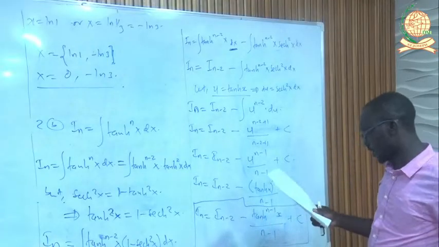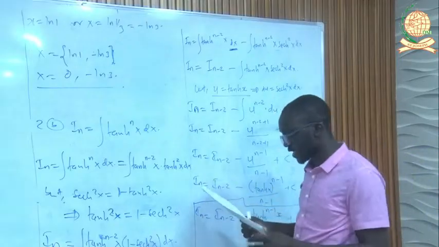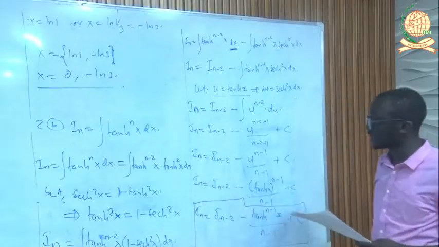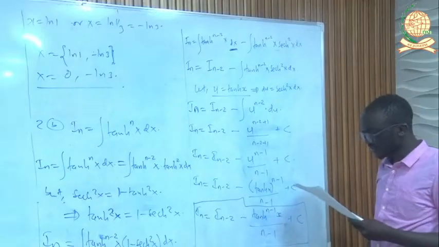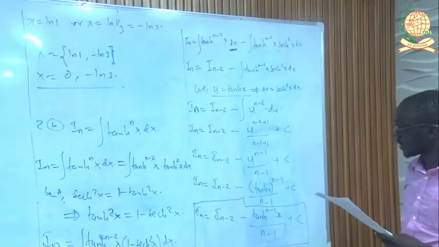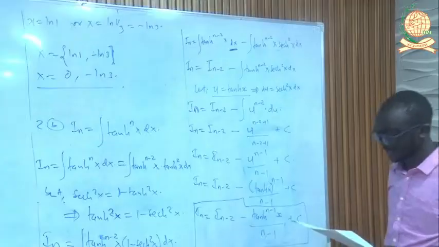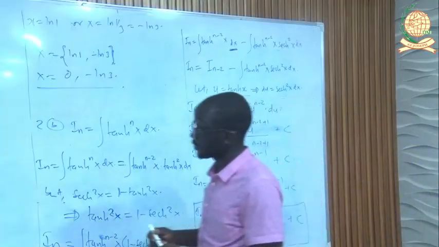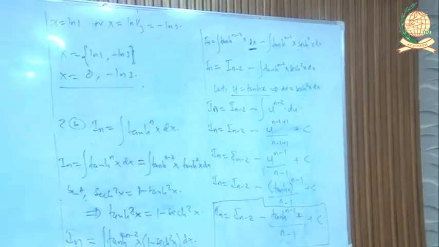We had a subsection which says use the results, which is this one. This is our reduction formula. Use the results to evaluate the value of the integral of tanh power 4x dx.